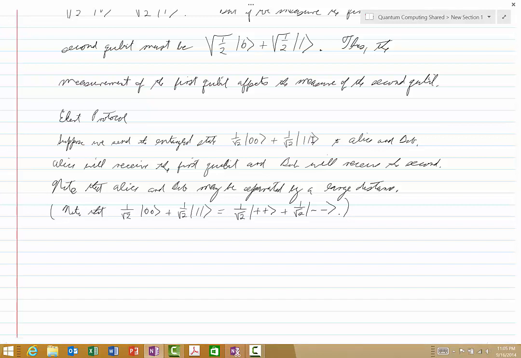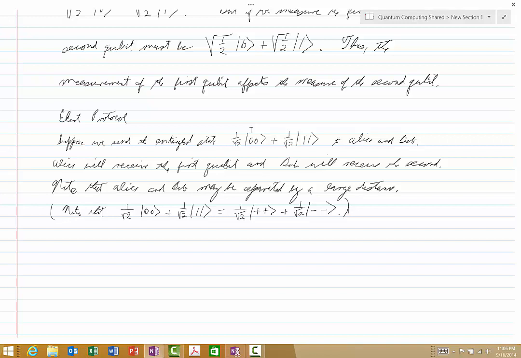So to summarize all that, if Alice and Bob use the same basis to measure their qubits, they will certainly get the same number. But if they use different bases, then there's only a 50% chance that their numbers will be the same.